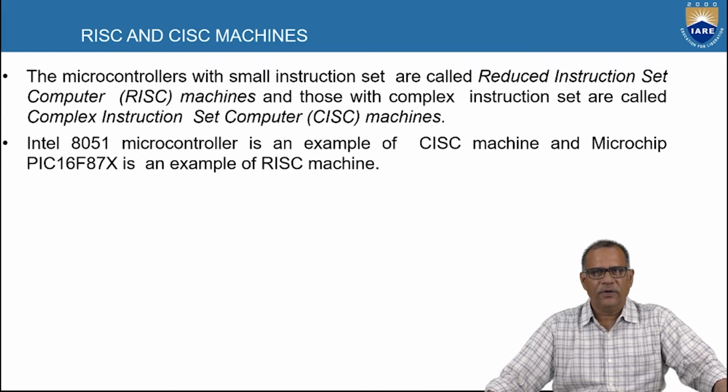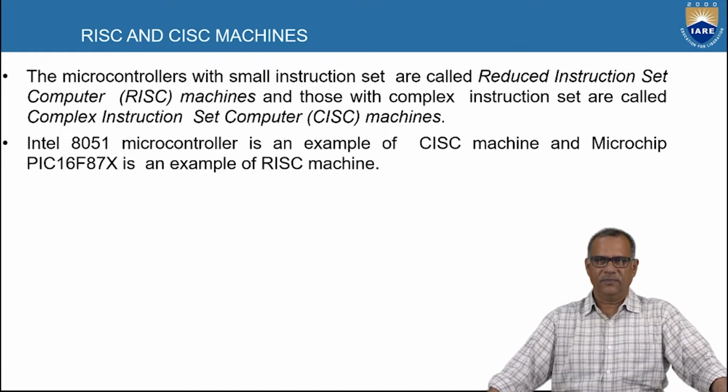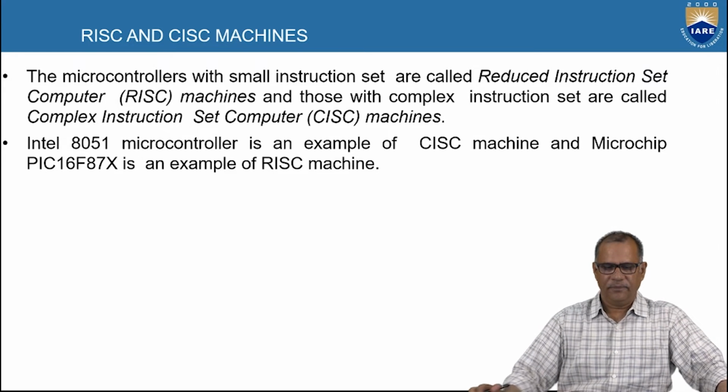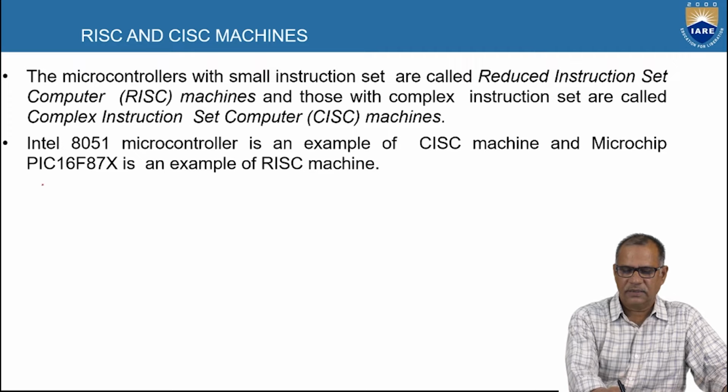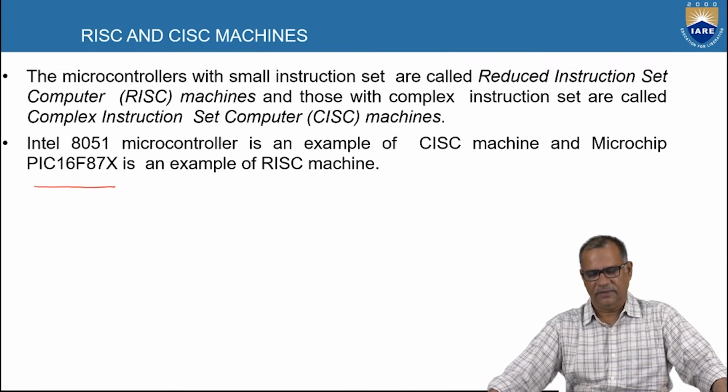The microcontrollers with a small instruction set are called reduced instruction set computers, and those with a large instruction set are called complex instruction set computers. The 8051 is an example of a CISC machine, and the Microchip PIC 16F87X is an example of a RISC machine.